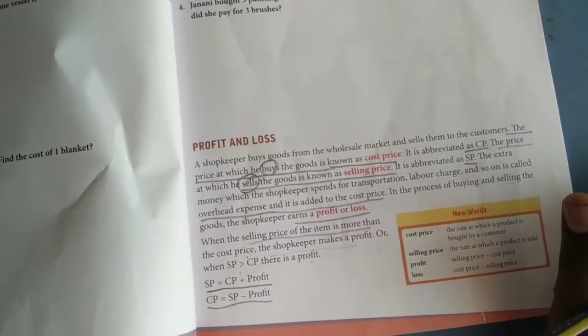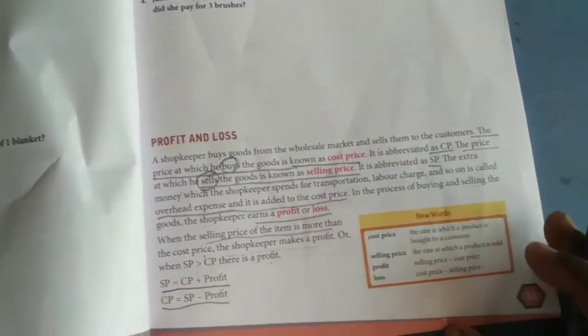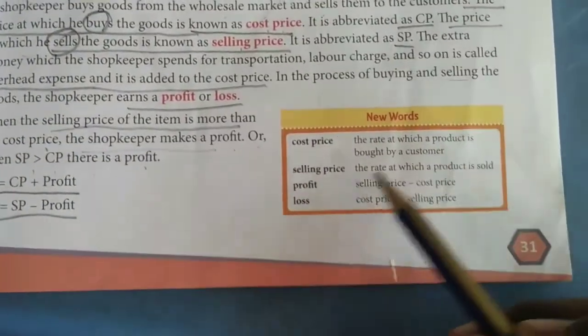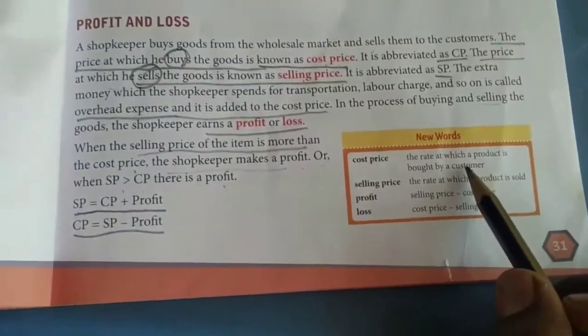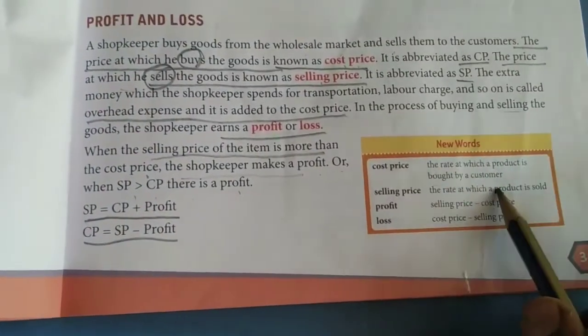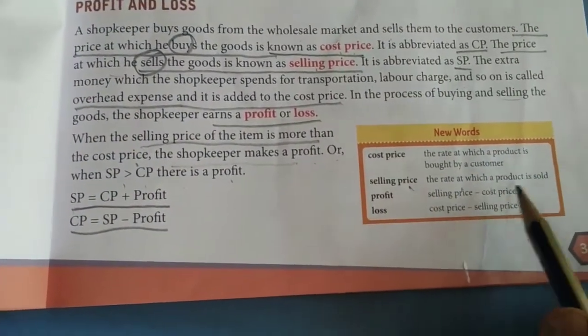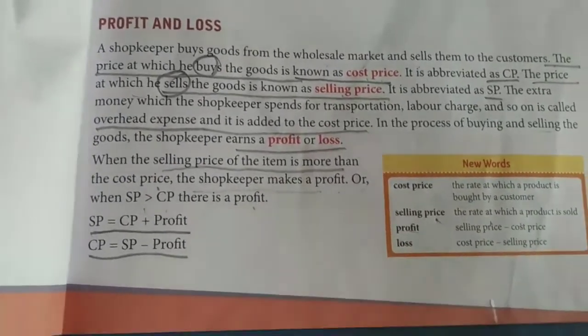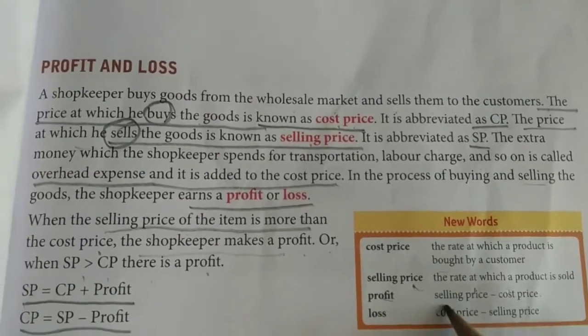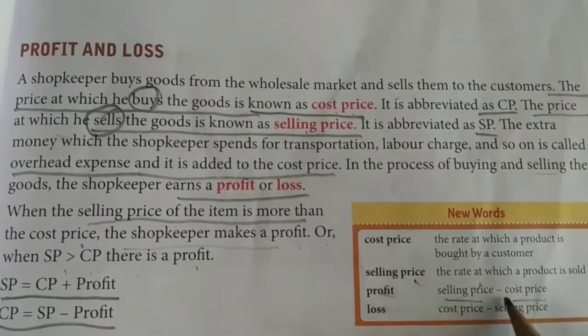So profit and loss. See, some new terms are there. Cost price: the rate at which a product is bought by a customer. Selling price: the rate at which a product is sold. Profit is equal to SP minus CP, selling price minus cost price.